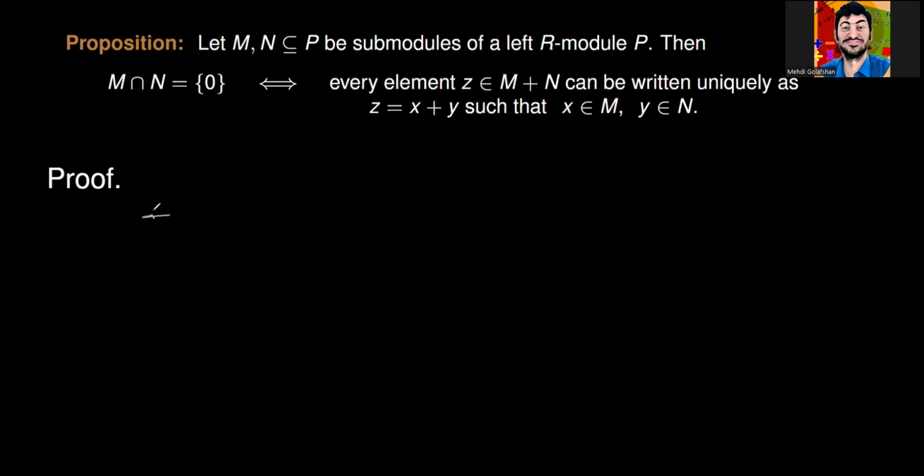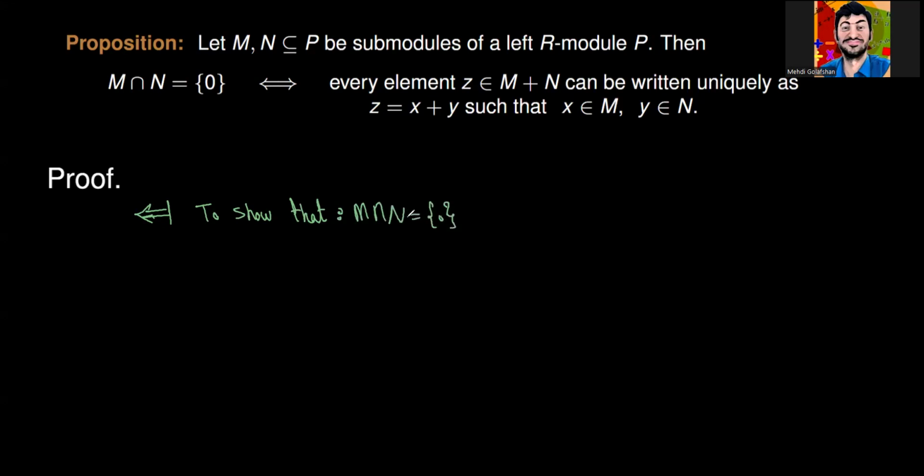Now let me write the other direction. For the other direction, we want to show that M intersection N is equal to 0.